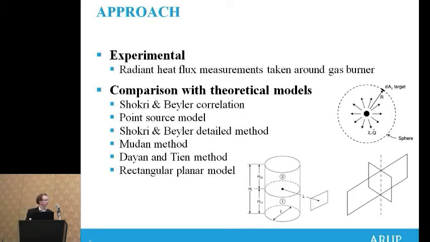And then finally, I attempted to come up with an original model based loosely on some other existing models, whereby the fire was assumed to be 2 perpendicular intersecting planes, and then targets could be moved relative to those planes. And so that was an orientation-specific model.